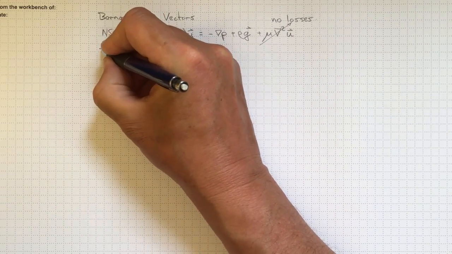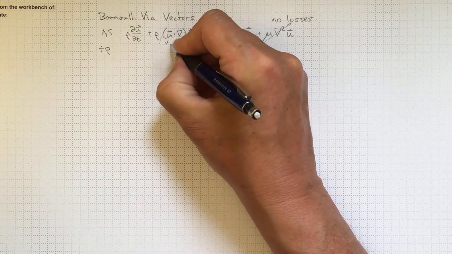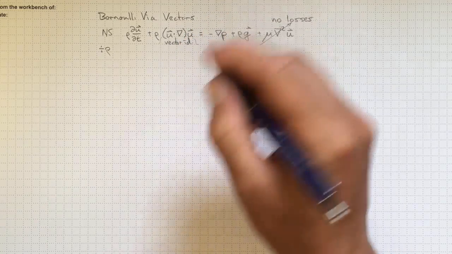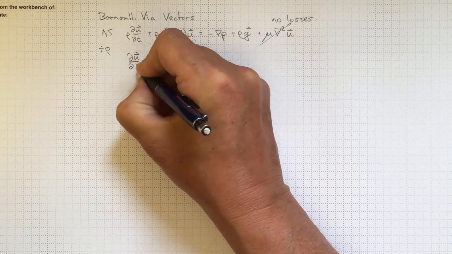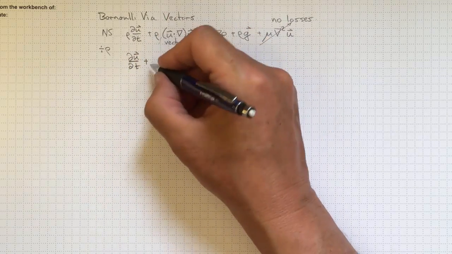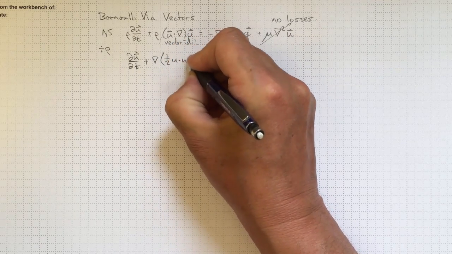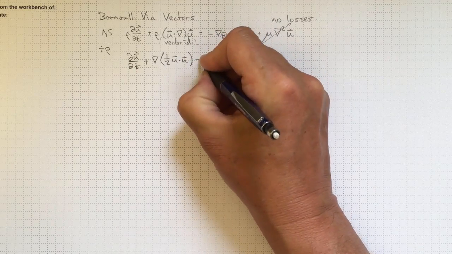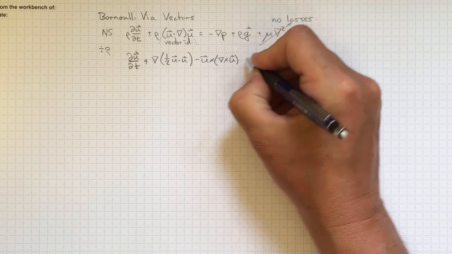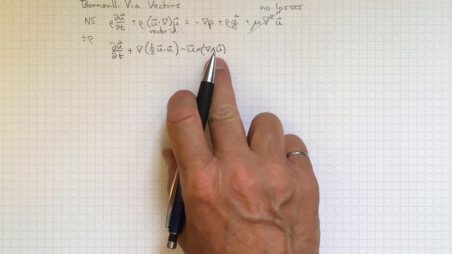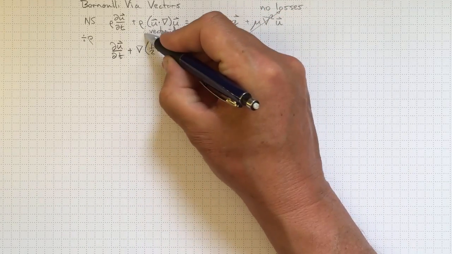If we divide by density to simplify, and expand this term by a vector identity, which you can find in just about any mathematics textbook, then we'll wind up with du/dt plus, and this is where the expansion comes in, grad of a half u dot u, both of those are vectors, minus u cross grad cross u. Now this may not make a lot of physical sense to look at, but it's mathematically correct by this vector identity that we've used for the expansion.